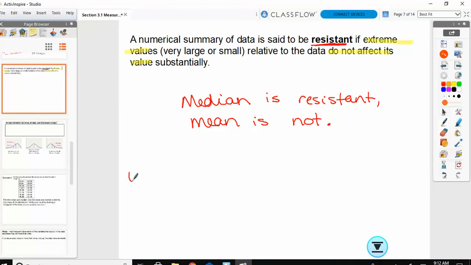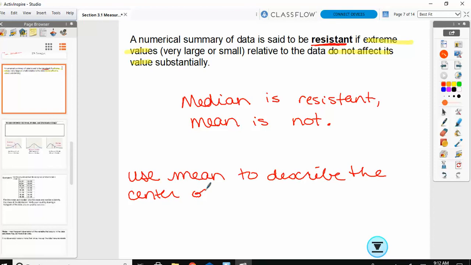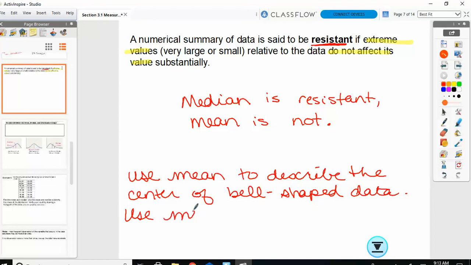So in terms of the shape of the data, we want to use the mean to describe the center of bell-shaped data. Use the median for skewed data.